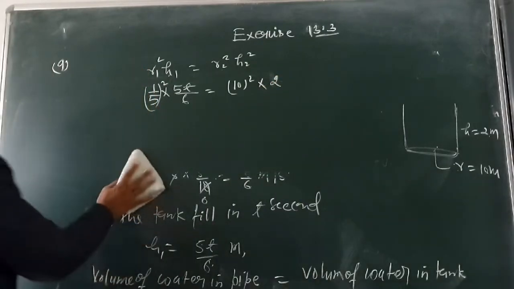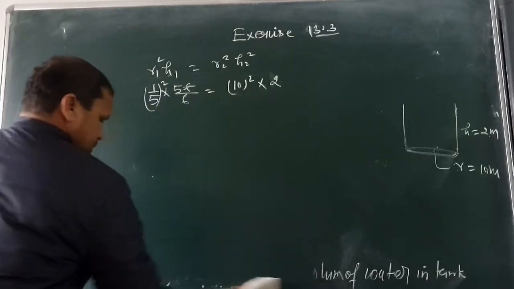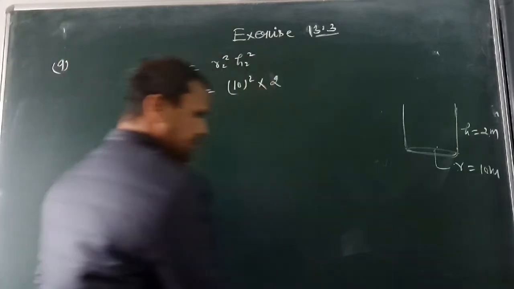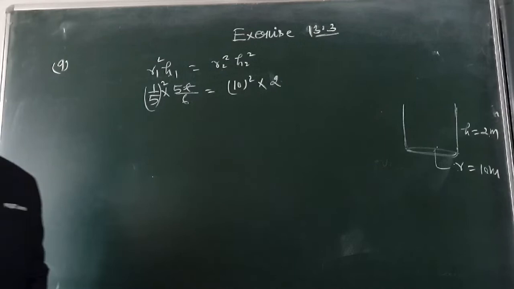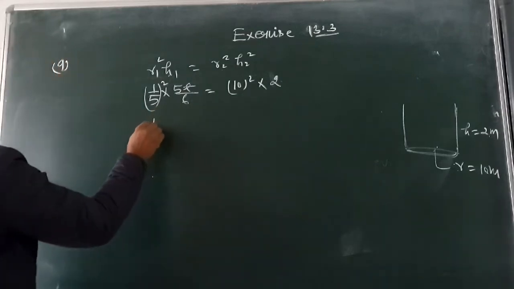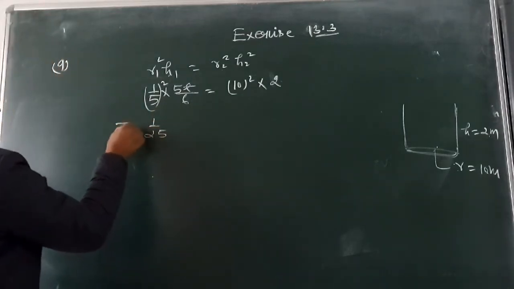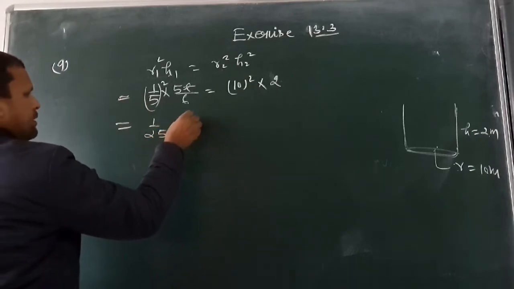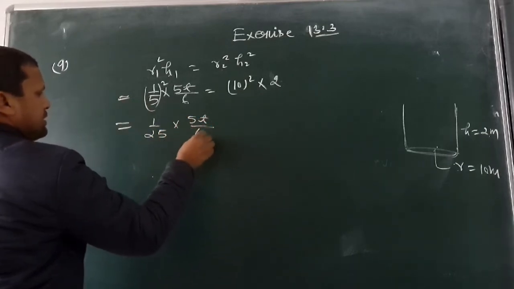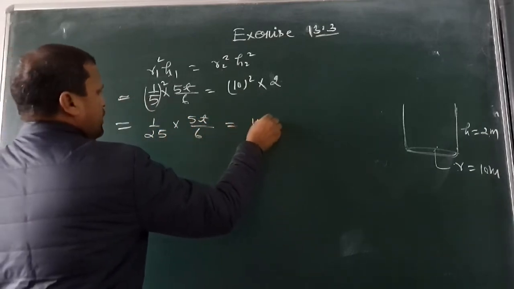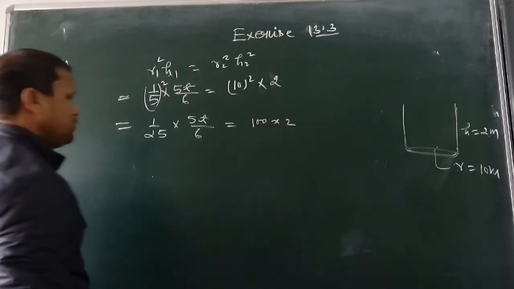So this is 1 by 25 into 5t by 6 equal to 100 into 2.